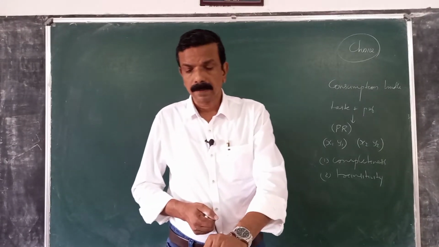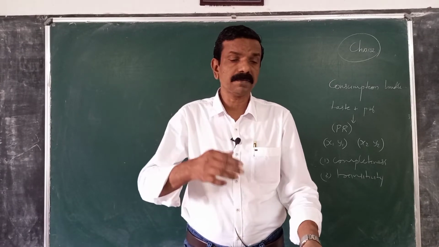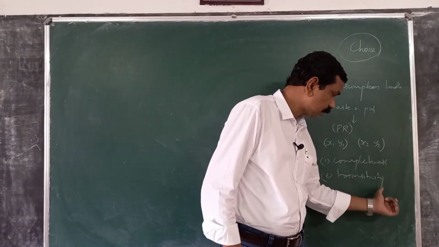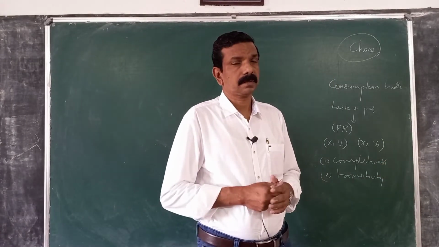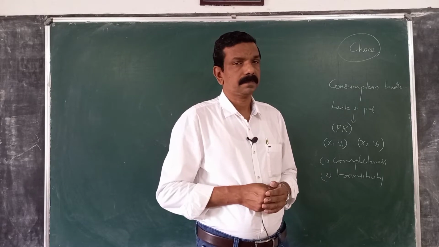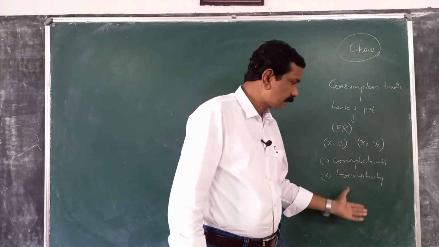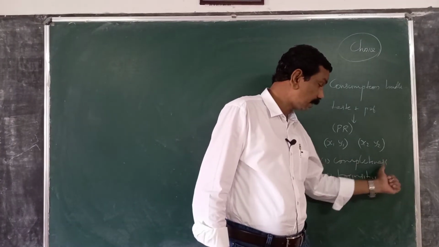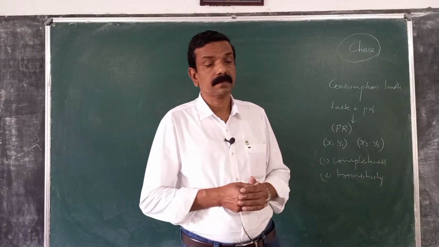If the ranking of the consumer satisfies these two axioms, then we will say that the consumer is rational. Rationality is defined in terms of completeness and transitivity.